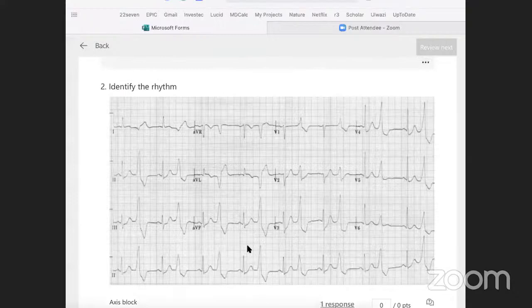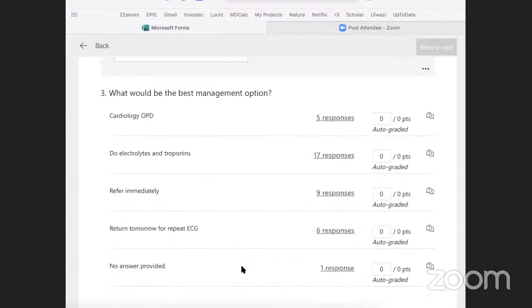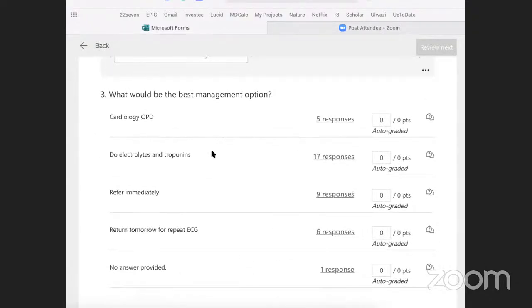So classically, if this patient presents to us, we would want to check electrolytes for any abnormality, as well as troponins to see if there was hypoxic injury to the heart causing the irritable focus to have these regular escape beats. So depending on your center, you would do electrolytes and troponins to see if there was an underlying cause.